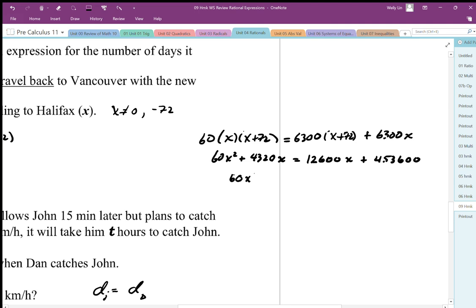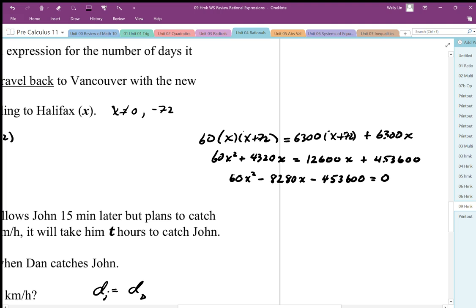So 60x squared minus 4320 minus 12,600, and we end up with negative 8,280 x's minus 453,600, and that's equal to 0.